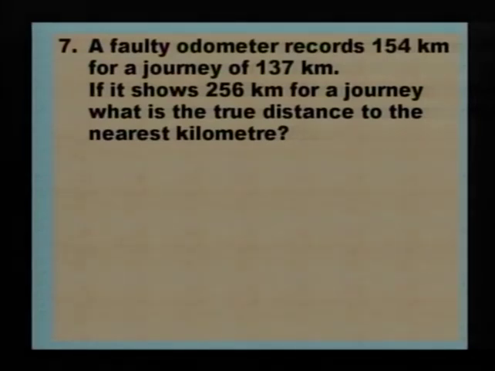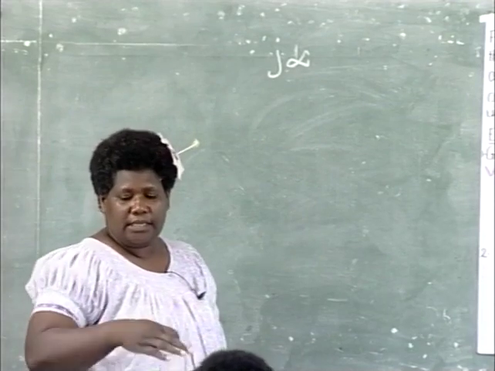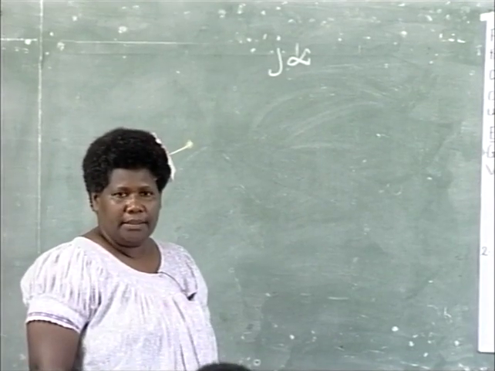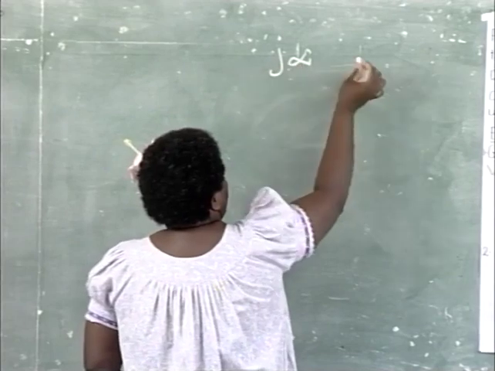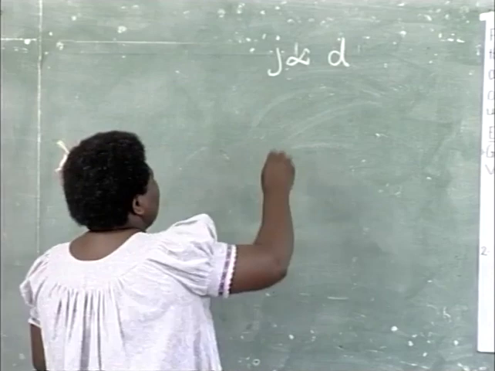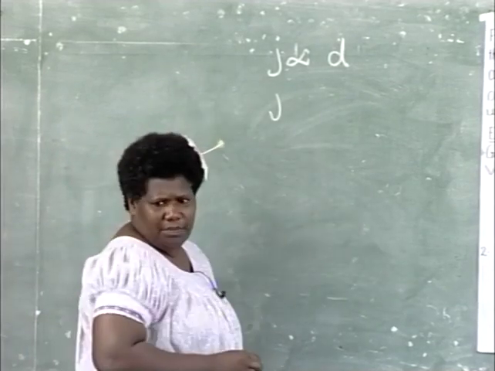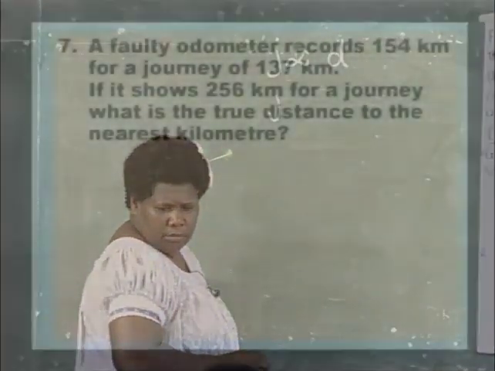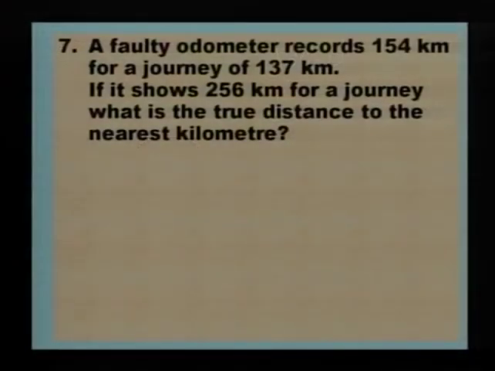Okay, question 7. I put J to represent the distance that is read from the odometer. So J varies directly as D. Or should it be the other way around? A faulty odometer records 154 kilometers for a journey of 137 kilometers.